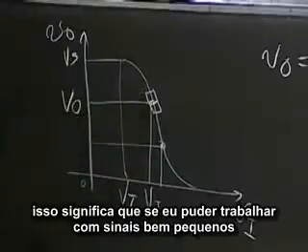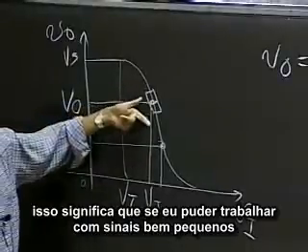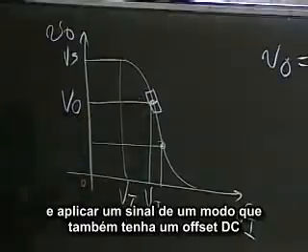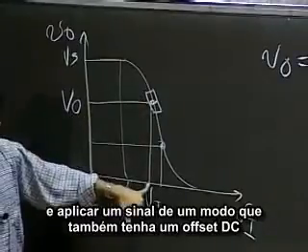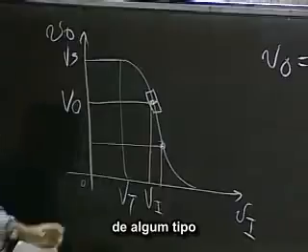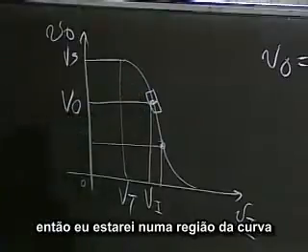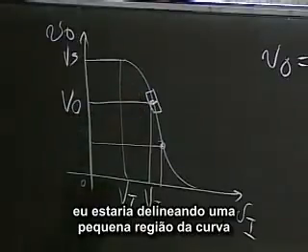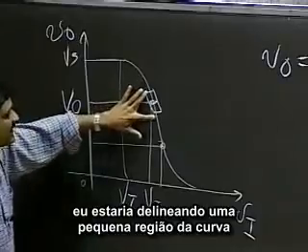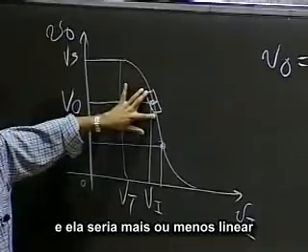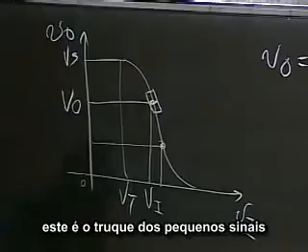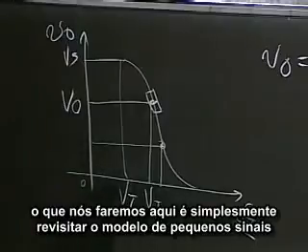Okay, this means that if I could work with very small signals and apply the signal in a way that I also had a DC offset of some sort, then I would be delineating a small region of the curve, which would be more or less linear. Okay, this was a small signal trick. And what we'll do here is simply revisit the small signal model.